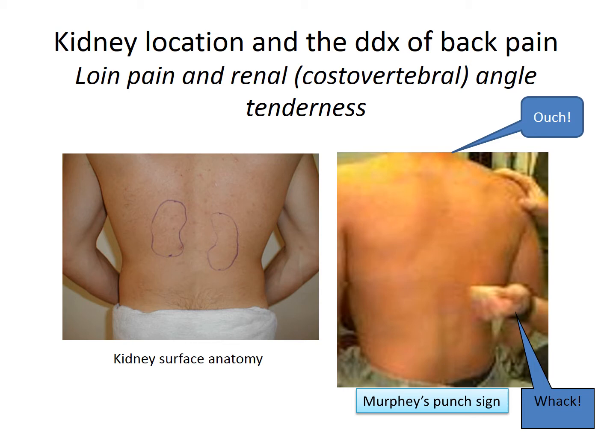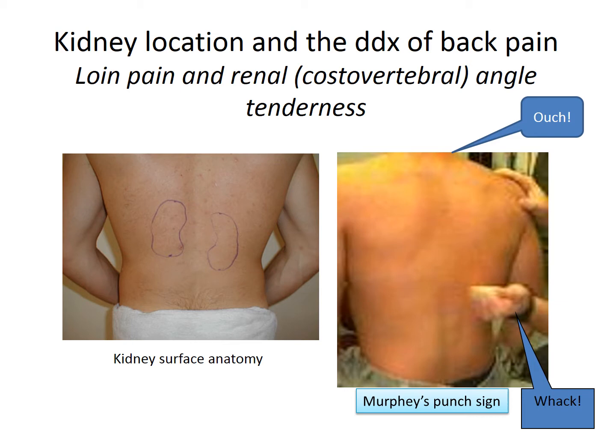And if the kidneys are inflamed and tender, then that elicits pain. And so that could be one clue that there is a problem with the kidney. Patients may actually complain of loin tenderness, in which case the possibility of kidney disease should be considered, along with everything else.